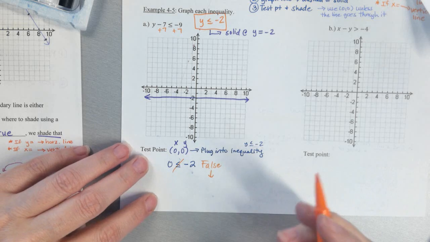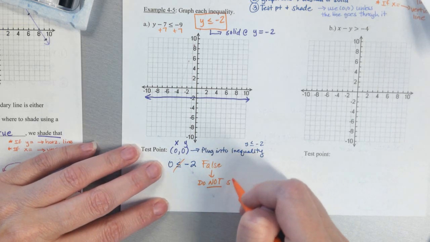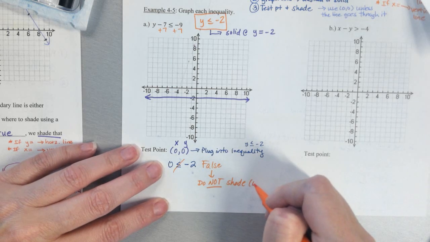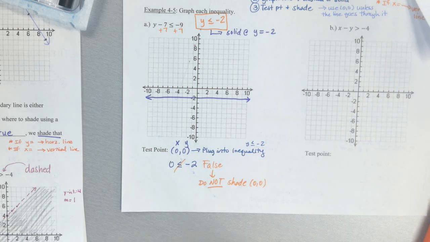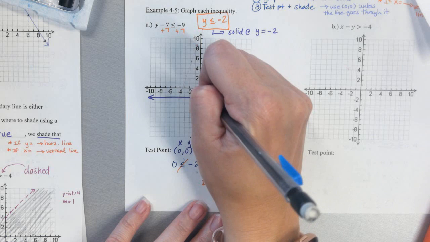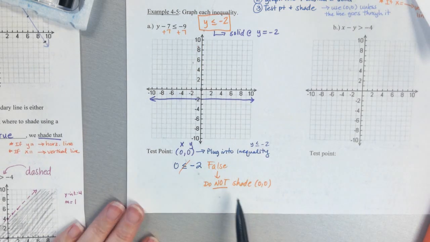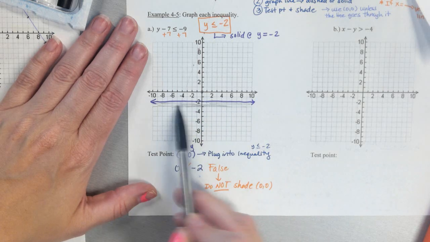If it is false, do not shade your test point. So do not shade (0, 0). Okay, so is (0, 0) above this line or below it? Above. Okay, so if it's above and I don't want to shade it, I'm going to shade everything below it.